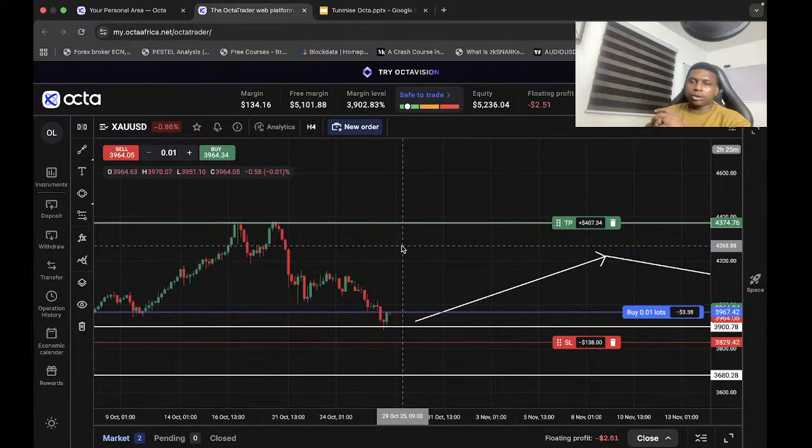This might happen in a very short while before markets get stable and balanced again. I don't know if I'm clear, Pfizer. Is that clear? If the Fed cuts rates, we would see a bullish gold market. If the Fed increases rates, we would see a bearish gold market.